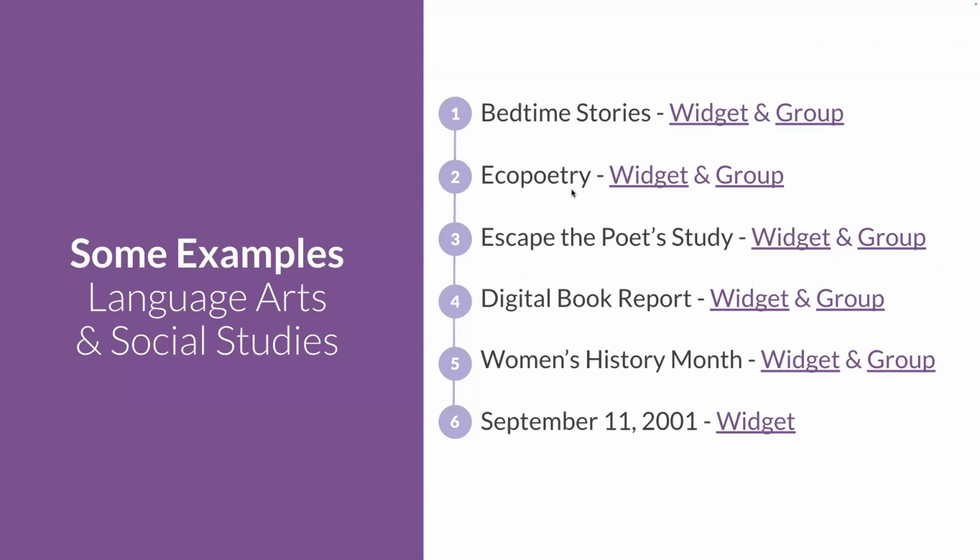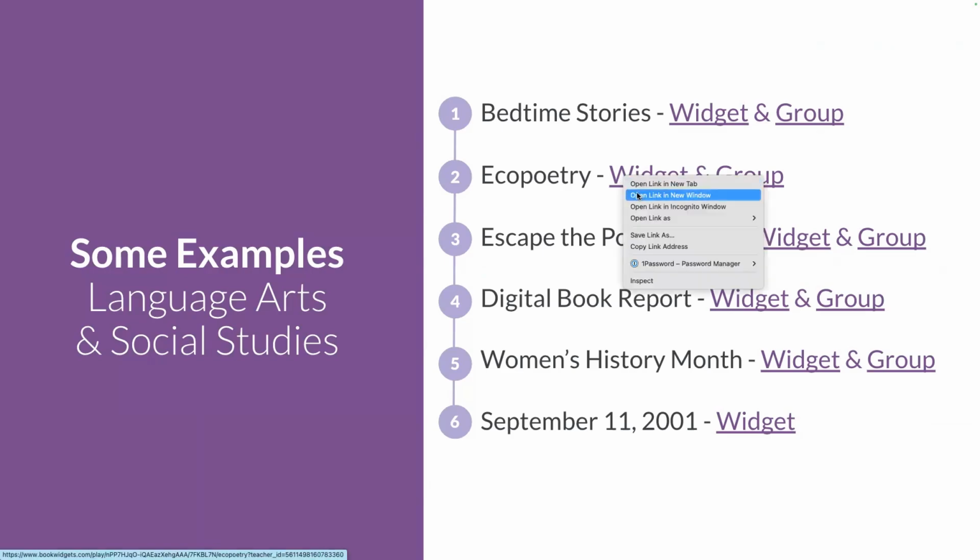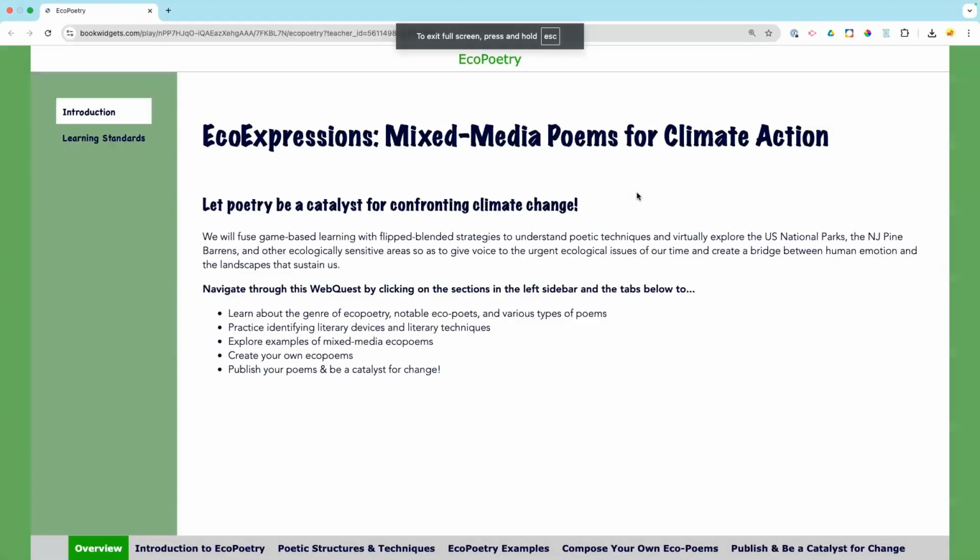This next example is also a web quest. This one is on the theme of eco poetry. This particular widget is one that I built, and it is a project-based experience where students are learning about eco poetry and then creating their own mixed media poems for climate action.